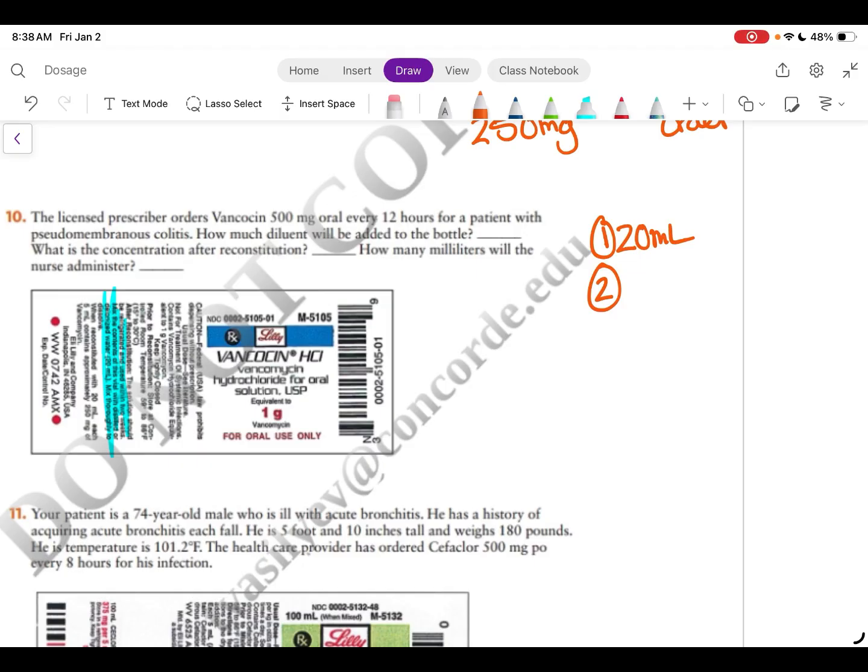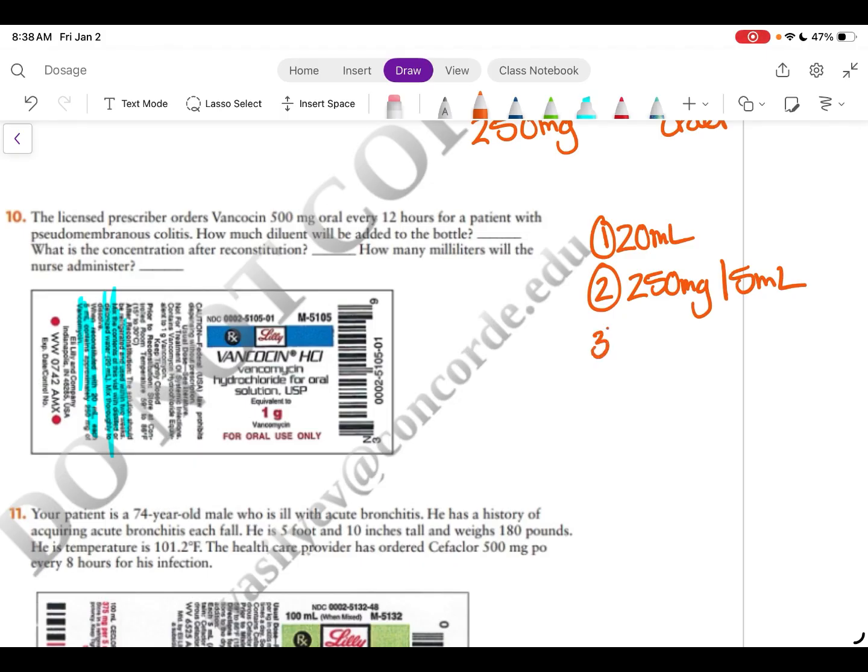What's the concentration after reconstitution? It is right down here. 5 milliliters contains approximately 250 milligrams of vancomycin. So we're going to say 250 milligrams for every 5 milliliters.